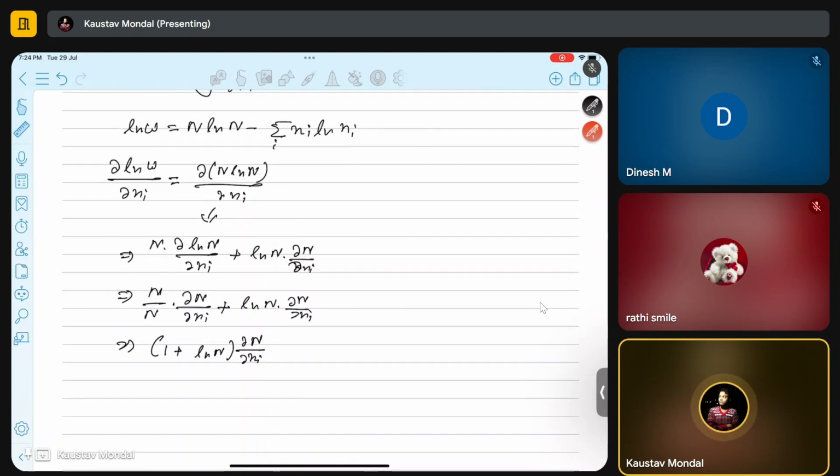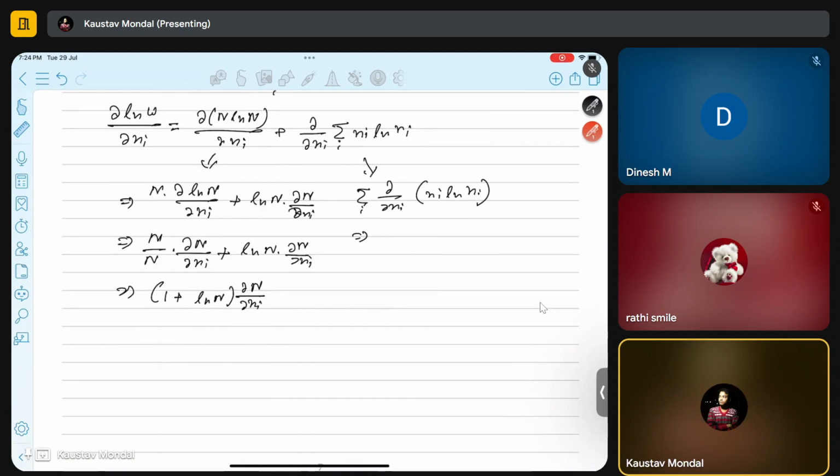This is the first term, and the second term would be delta by delta ni of the summation over i of ni ln ni. This gives you the summation over i of delta ni by delta ni times ln ni, plus the summation over ni.